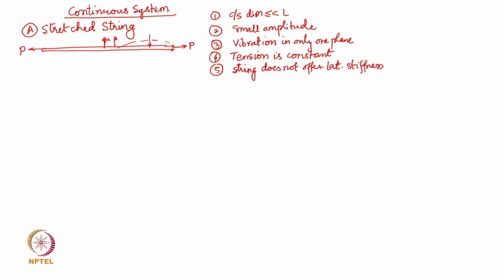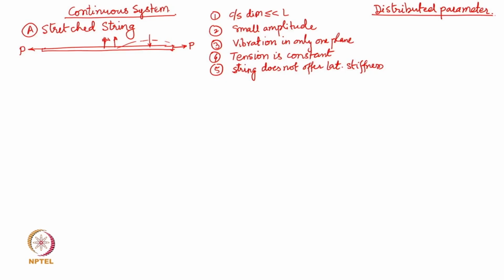It is essentially the tension P that is acting on the wire, along the axis of the string. These are the assumptions that we shall work with in formulating the governing equation of motion for such a stretched string. Now we are going to consider this as a distributed parameter system, which means that we are not going to lump any mass or stiffness along the length of the string.